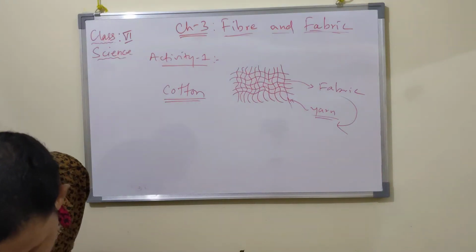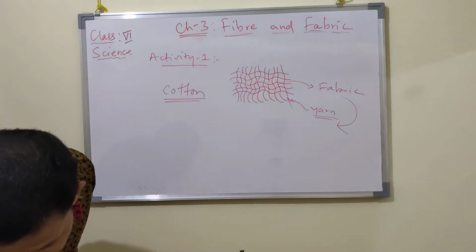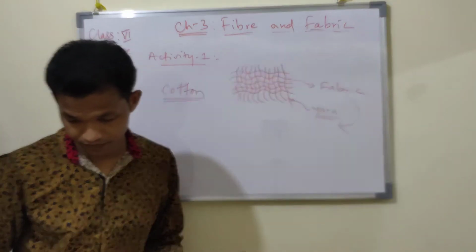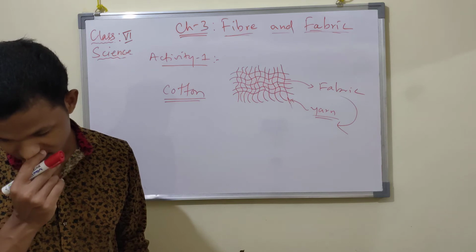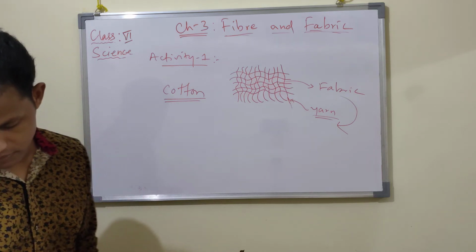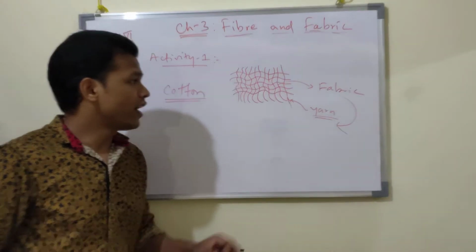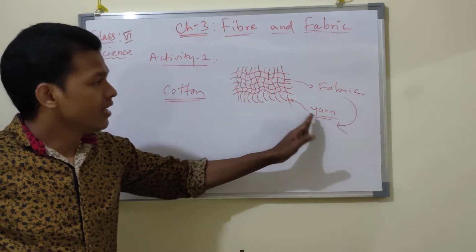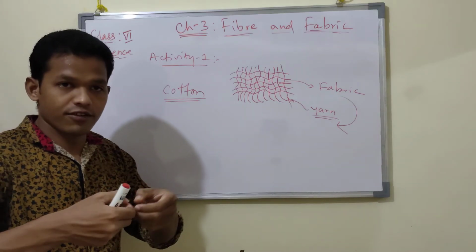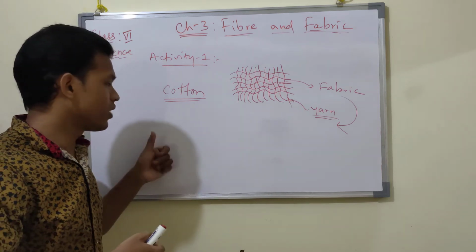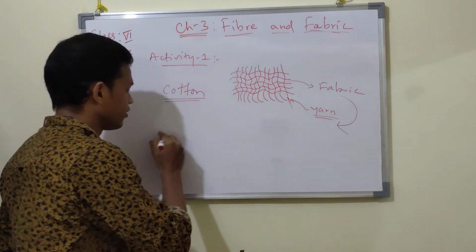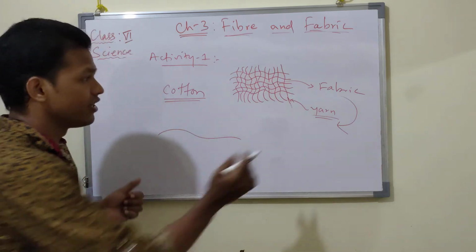So what happened? Now we'll find that yarn is made of this yarn. If you separate it, if you pull with one end and press one thumb on another end, this is a yarn.